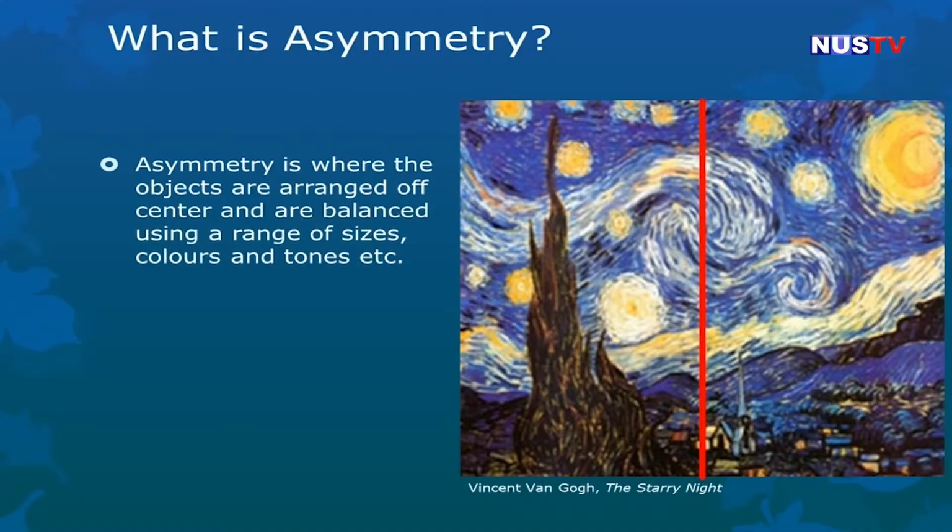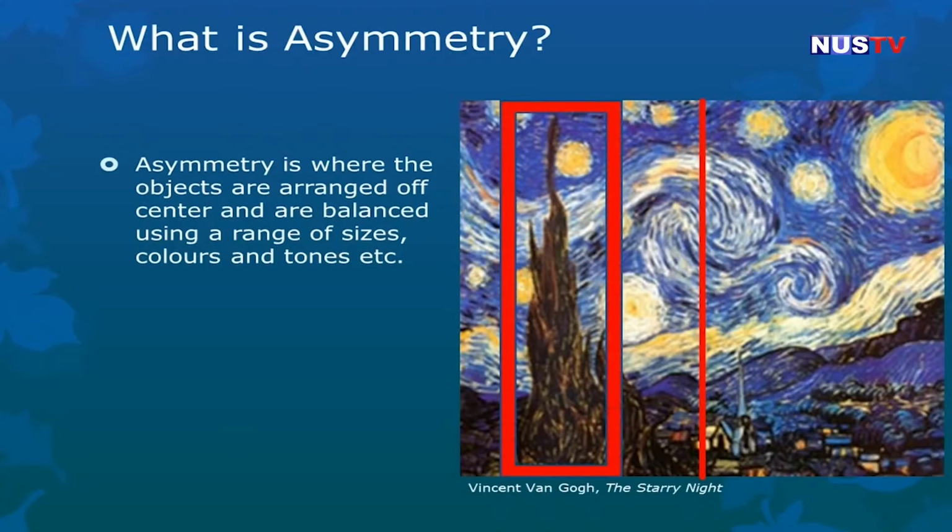What can you see on the left side of the painting? Yes, we see a long, dark object that looks like a tree. What do you see on the right side of the painting? Yes, we can see a shining bright object that is further away and looks like a moon.